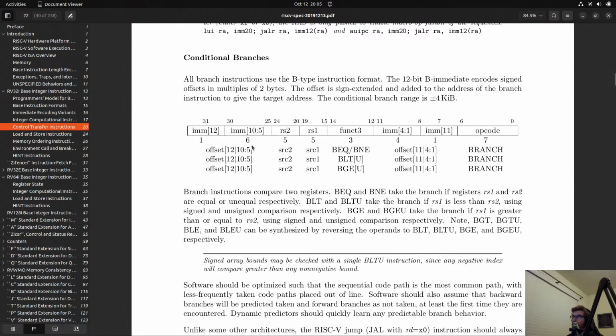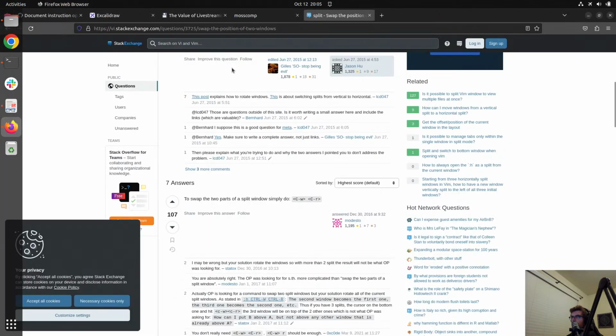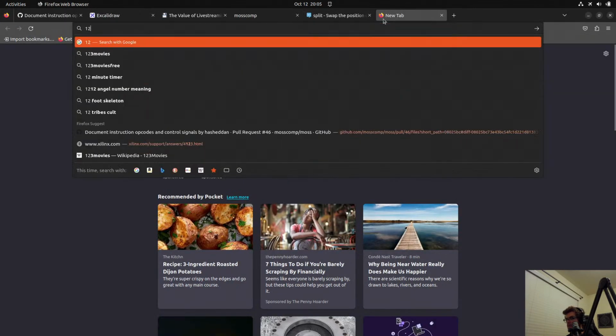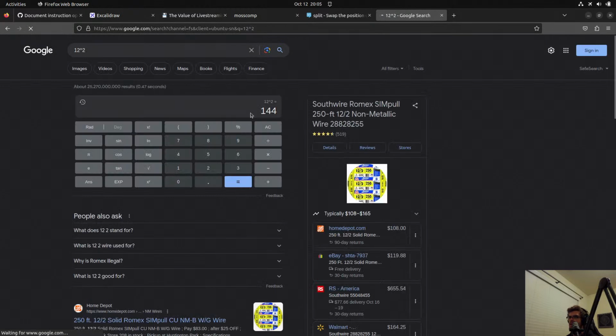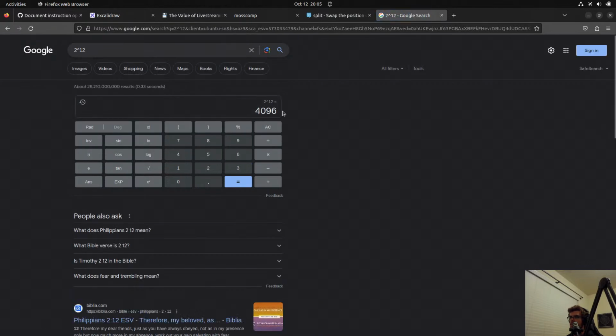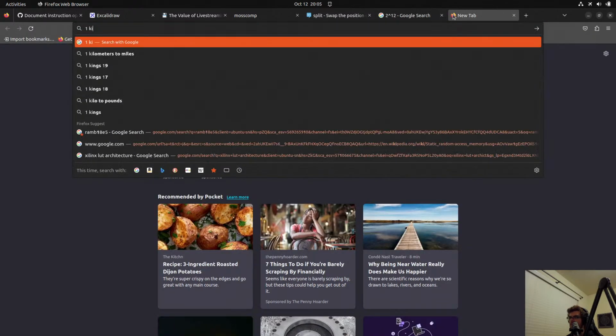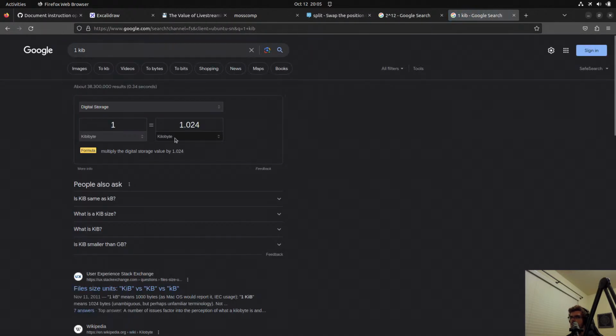So we have 2 to the 12th. Sorry, was not thinking. 2 to the 12th is 4096. So 1 KiB, 1 kilobyte is how many bytes, right? 1024.